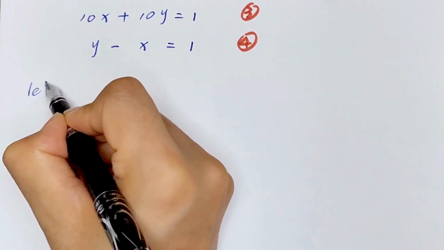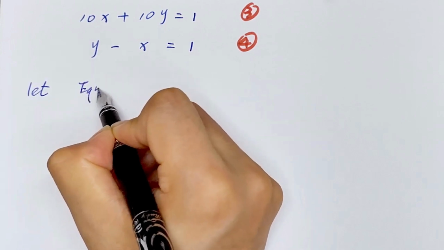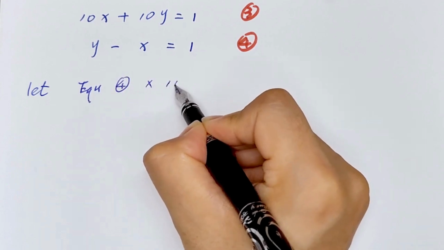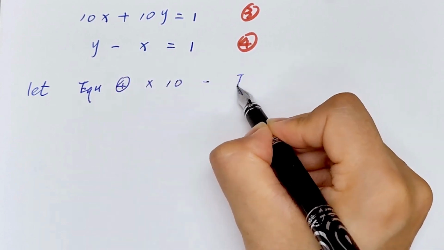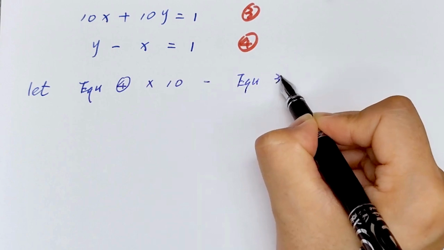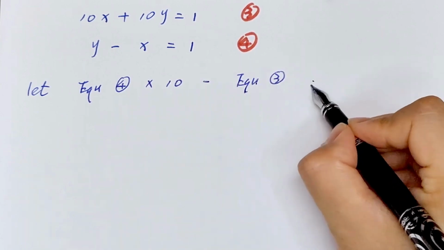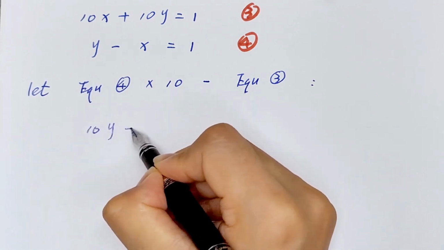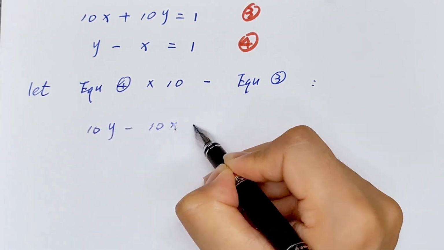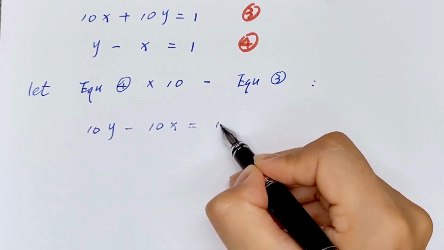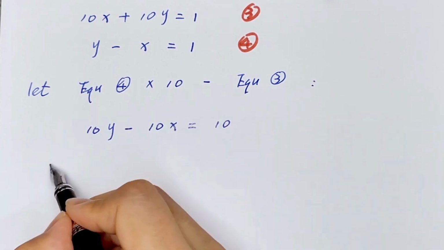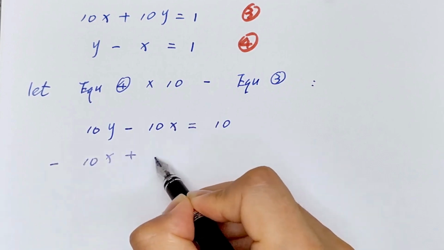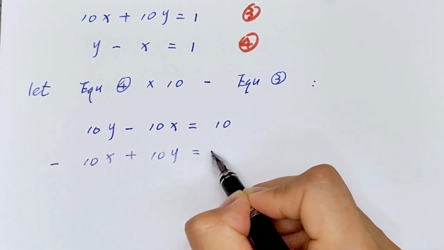Now we let equation 4 multiply by 10 minus equation 3. It will be 10y minus 10x equals 10 minus 10x plus 10y equals 1.